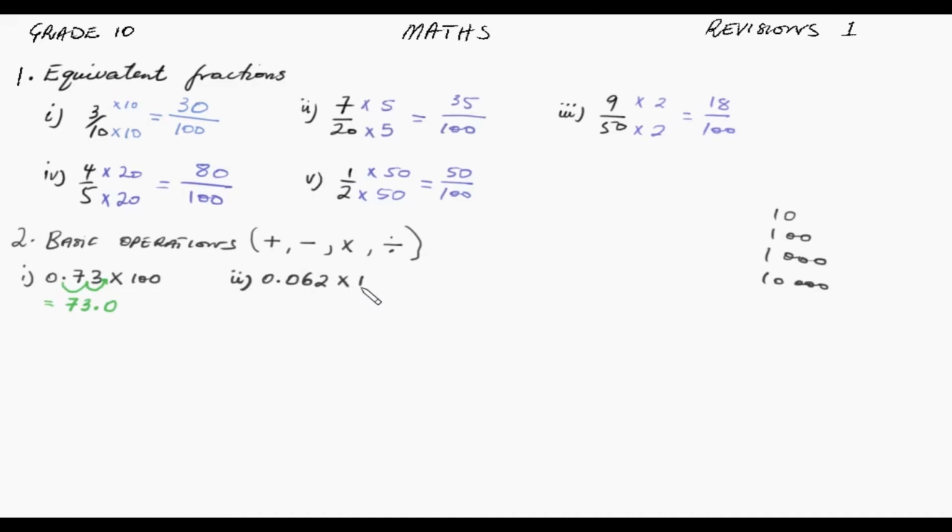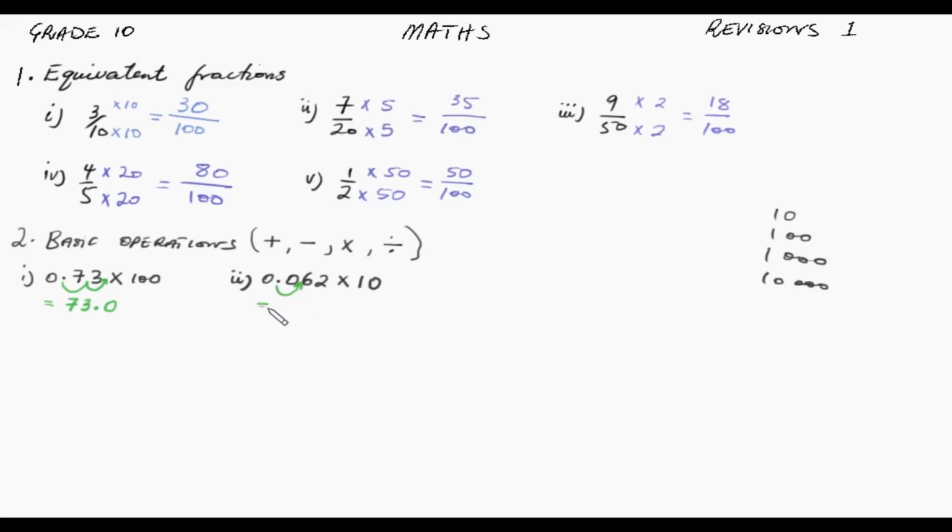Okay, let me just say by 10. So you multiply this by 10. So what are you going to do? You are going to say, okay, if I multiply by 10, there is one zero, so I'm going to move my point one step. Because I'm multiplying, I move it to the right. So it will move from here one step to the right.